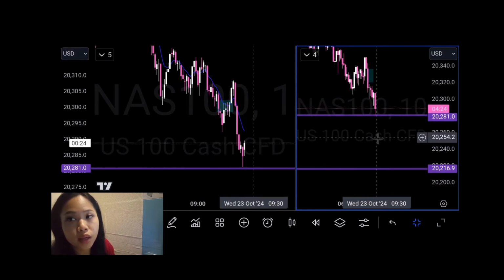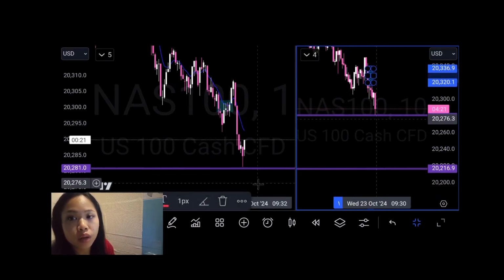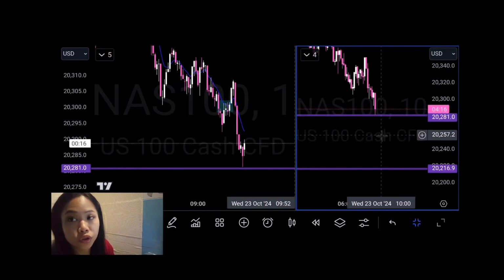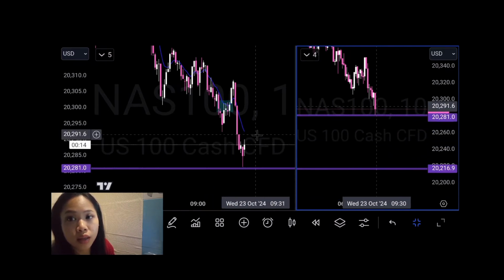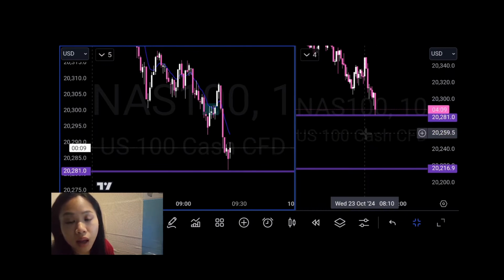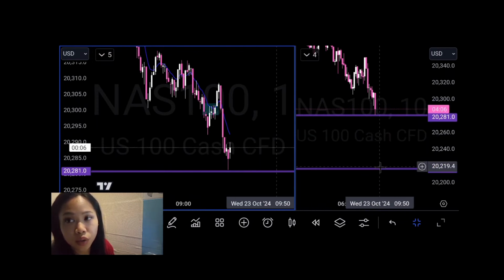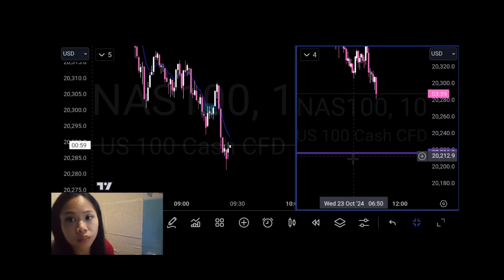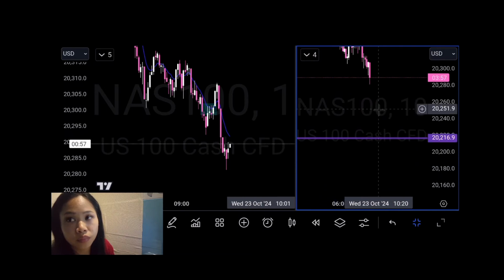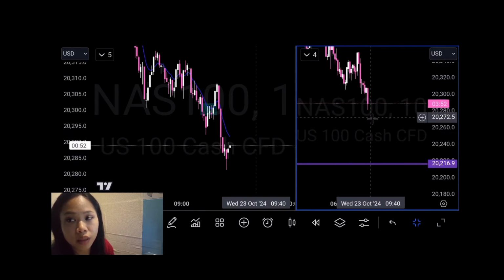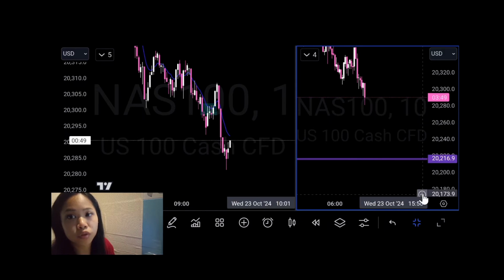If price at the 10-minute chart trades into some kind of an FVG, I would like to focus on that action at the 1 minute to see if price will be taken down to the next level. So unless price gives me some kind of an FVG at the 10 minute, I won't be interested here.